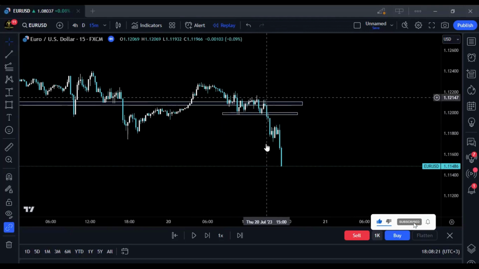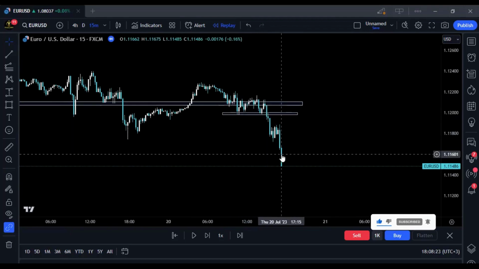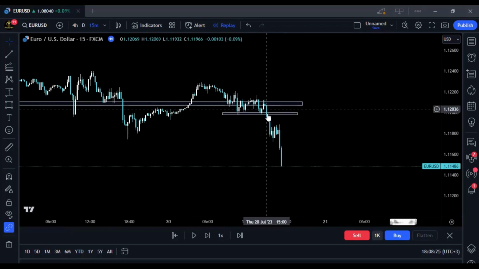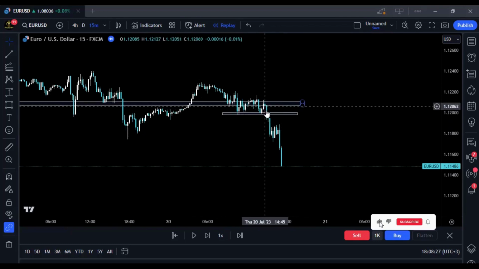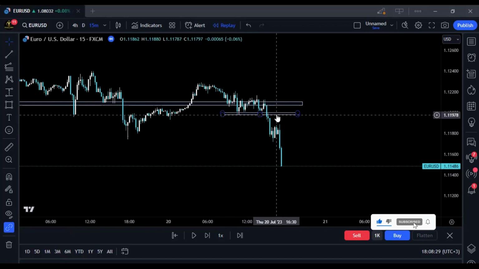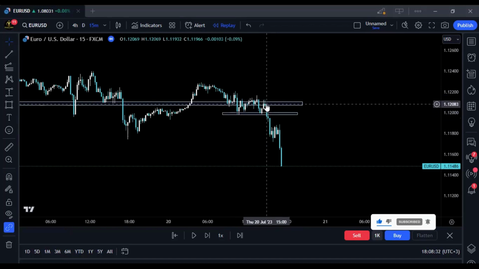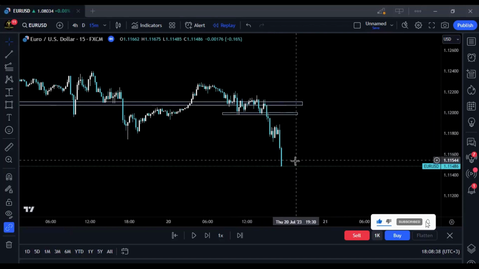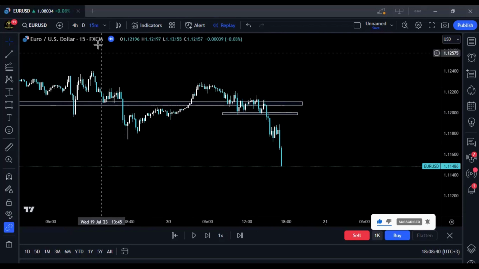But we don't trade breakout trades. But for those that do trade breakouts, this would have been your entry candlestick. So for me, I would have still been waiting for a retracement. But for those that do trade breakouts, this would have been your entry right here. And prices pushing lower, crazy momentum.